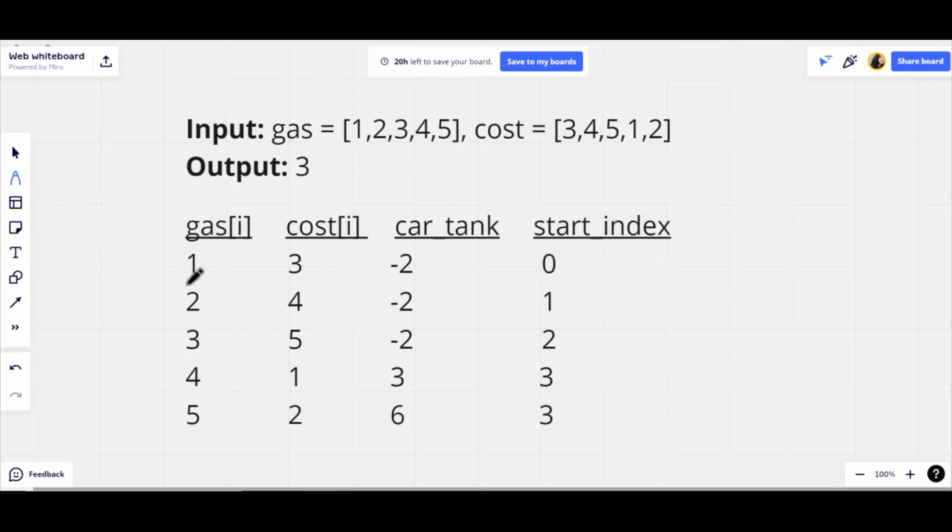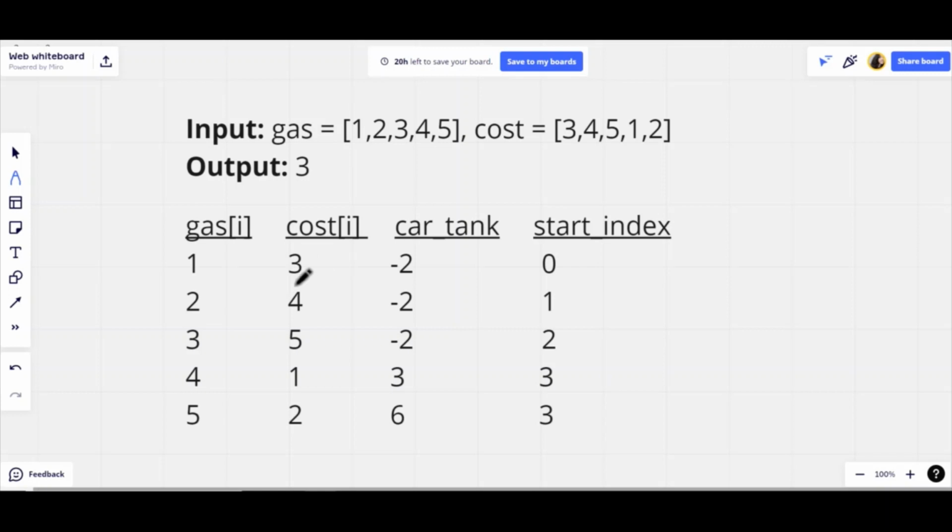Suppose we are taking this example, so I am starting from the first index. If I start from the first index, in the first station the gas amount is 1 unit, but to go to the next station the cost will be 3 units.